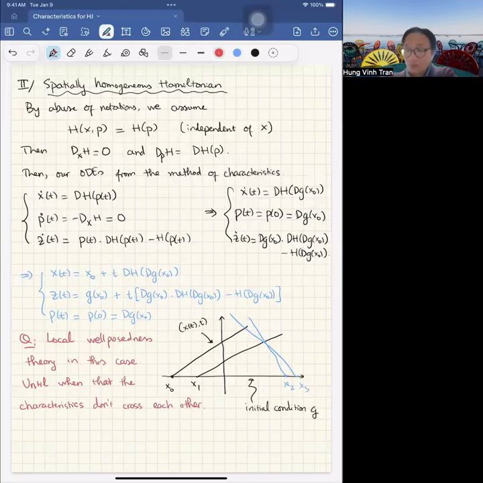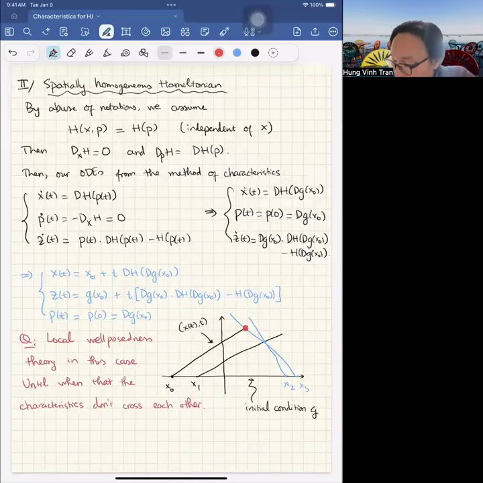Why? Let me explain. Let's say that the characteristic from x0 meets with the characteristic from x3 at this point. You also see that along the characteristics, p is a constant vector.